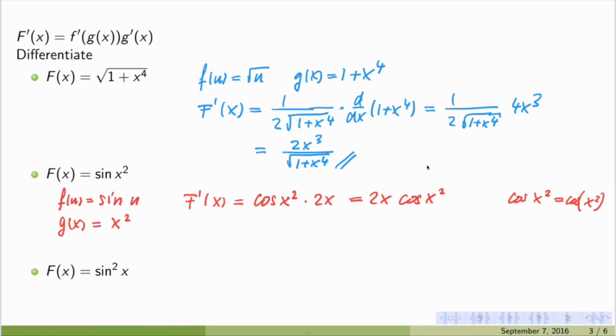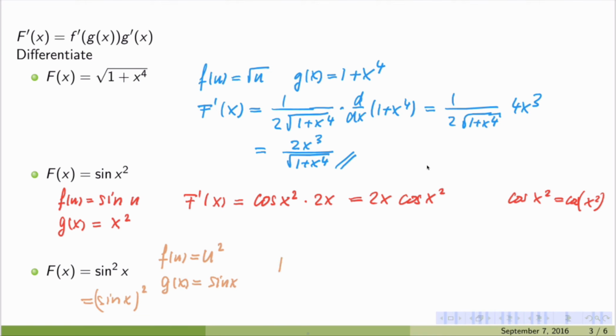Now let's do a similar example down here, sine squared x. I want to make the point that sine squared x is not the same as sine x squared. So it really matters where you put the square. Here we have f of u is u squared. Now the outside function is a square function. g of x is the inner function, which is sine x. So this really is sine of x and then all that squared.